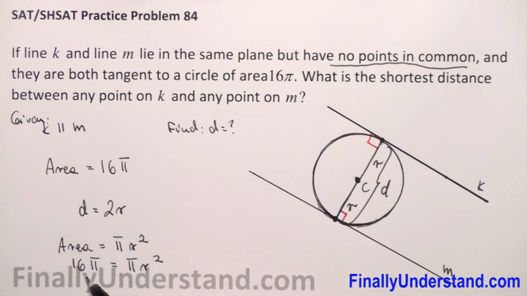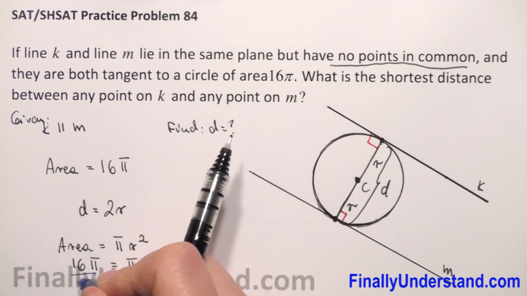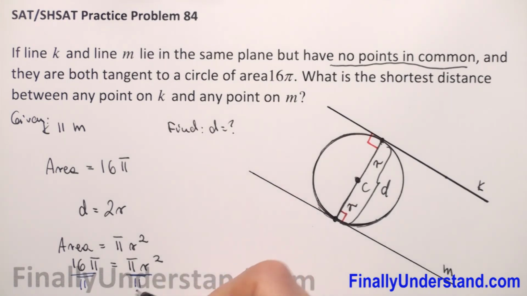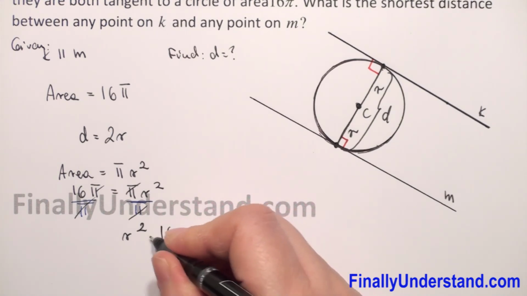We have pi on both sides, with multiplication, so first I will divide both sides by pi. So pi and pi we can reduce. And I will change the sides, so r squared is equal to 16.